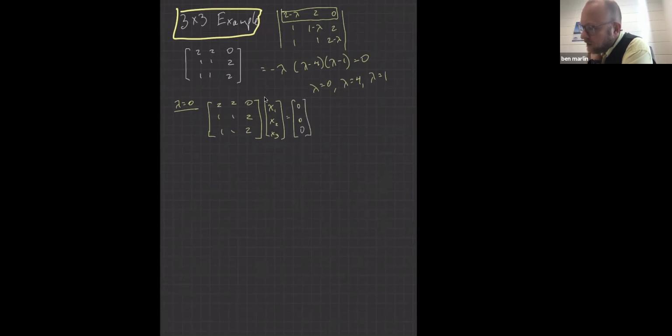When you dot that out, you will end up with 2x1 plus 2x2 equals 0. So x1 equals negative x2. And then the next row, you will have x1 plus x2 plus 2x3 is equal to 0.